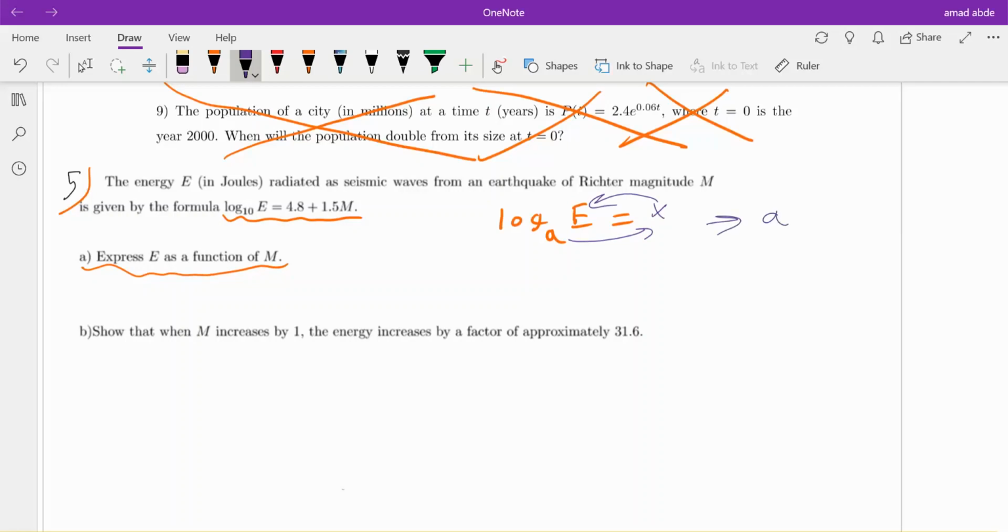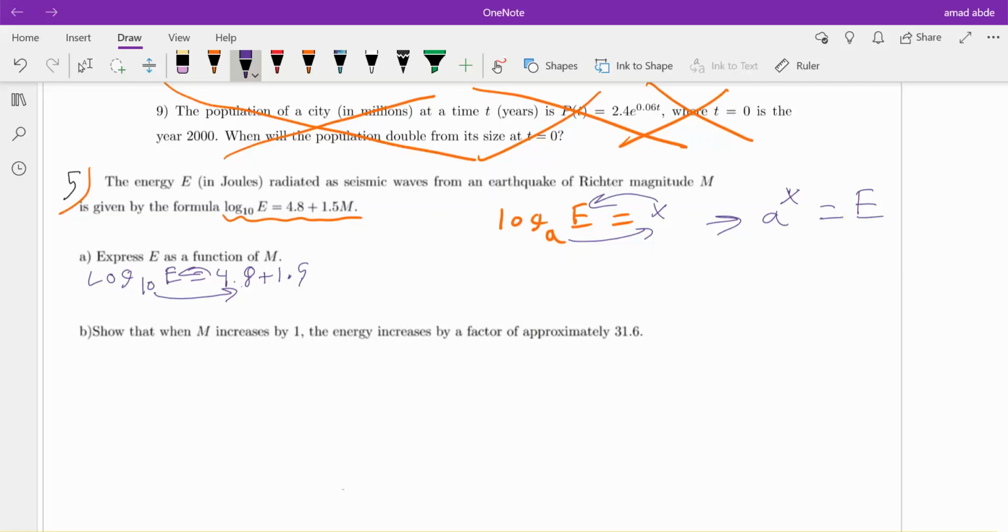So for part A, we have this equation: log base 10 of E equals 4.8 plus 1.5m. Let's just keep it as 1.5 for simplicity, and then we can add the m at the end. This is saying 10 raised to this would just equal E. We have to keep the m because it's asking for it as a function of m.